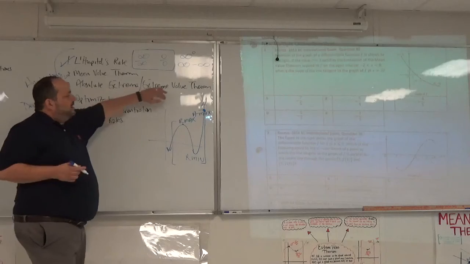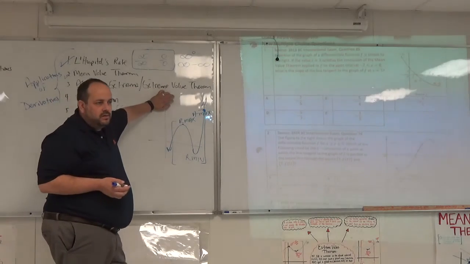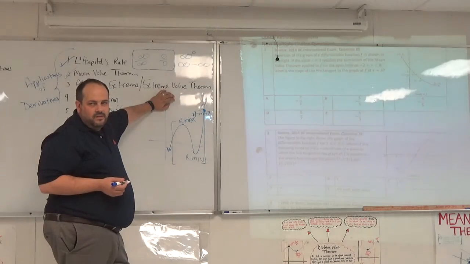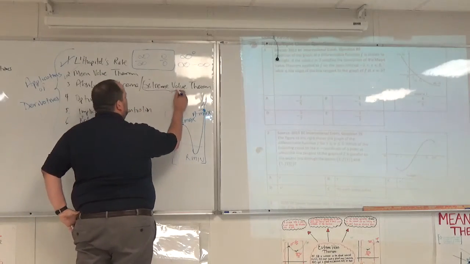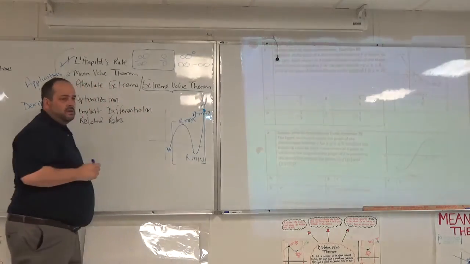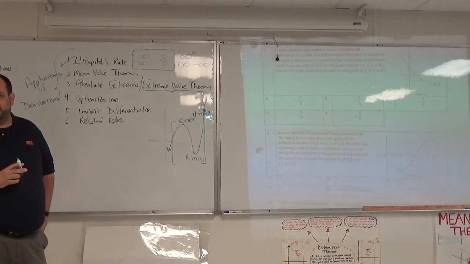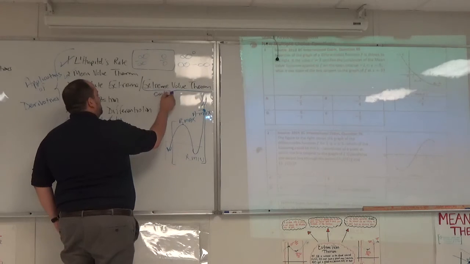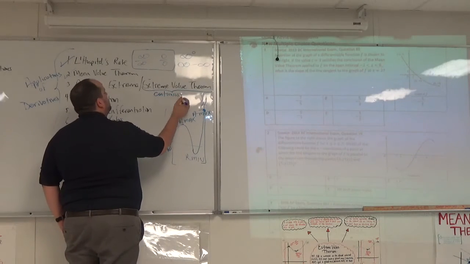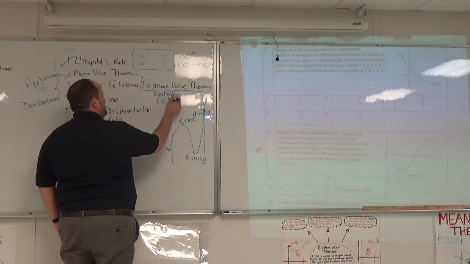All right, extreme value theorem, two conditions have to be true here. The function has to be continuous. The second thing that has to be true, it has to be on a closed interval.